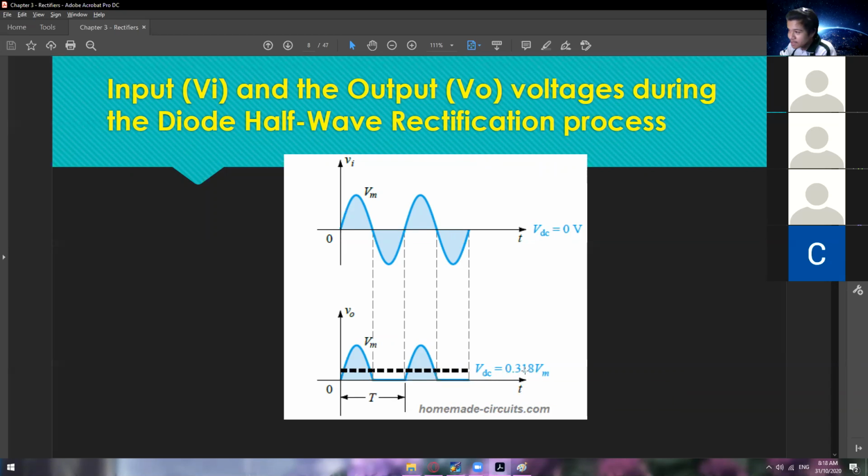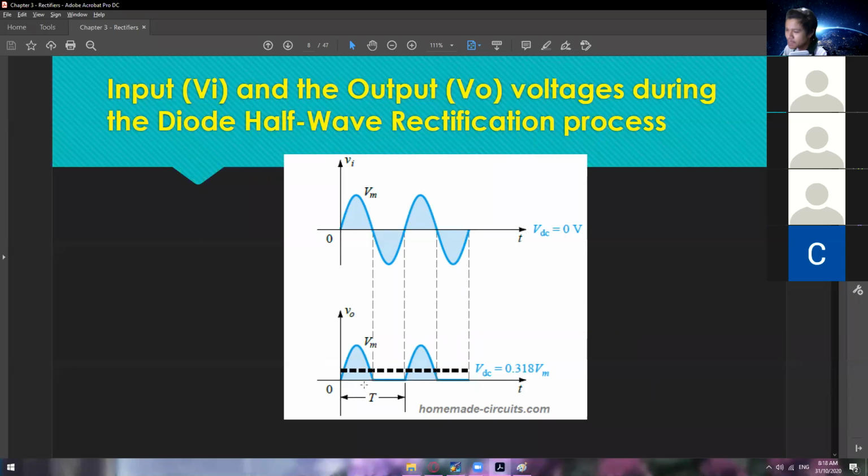So where did we get this value, 0.318? You can use your calculator and put here 1 over pi. So 1 over pi is 0.318.